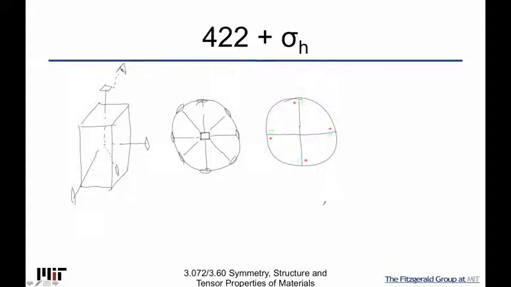And so that is the motif for the 422. Remember, there's no extra symmetry elements. These are just axial combinations. So you see a fourfold axis here, but the twofolds relate these things to each other, and you don't have any other symmetry.